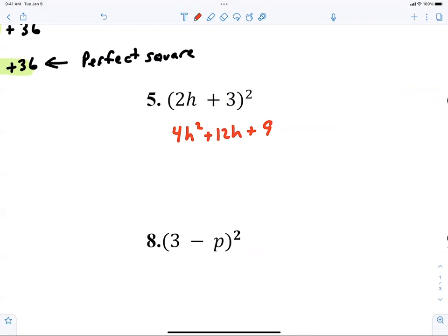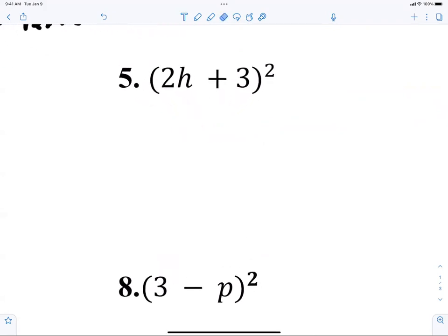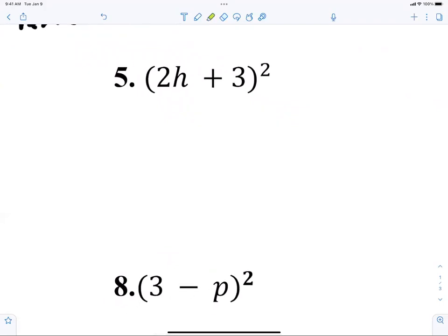All right, so here we go. All right, now to know that, it's a simple rule. All right, notice this is square, right? So you have to tell me what is 2h squared? 4h squared. That wasn't hard.